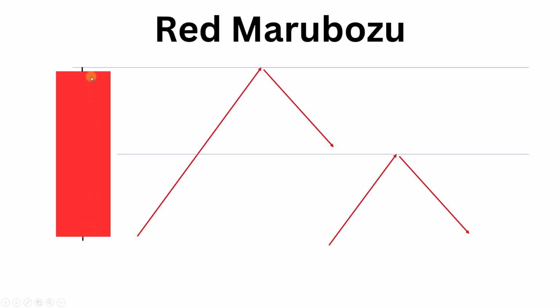What does a red Marubozu say? It says that a lot of selling has happened from this level. People are panicking and they are selling. Correct? And since people sell due to panic, price generally keeps on moving down.